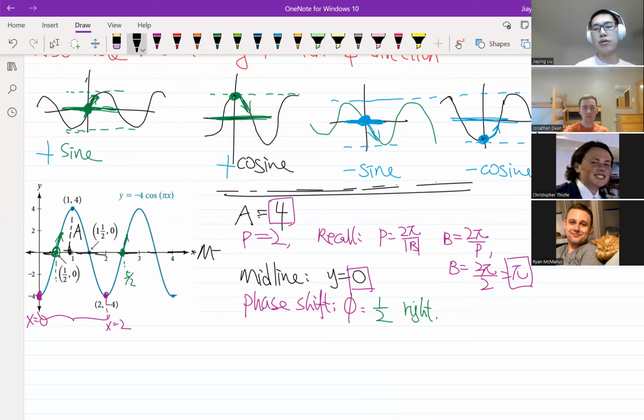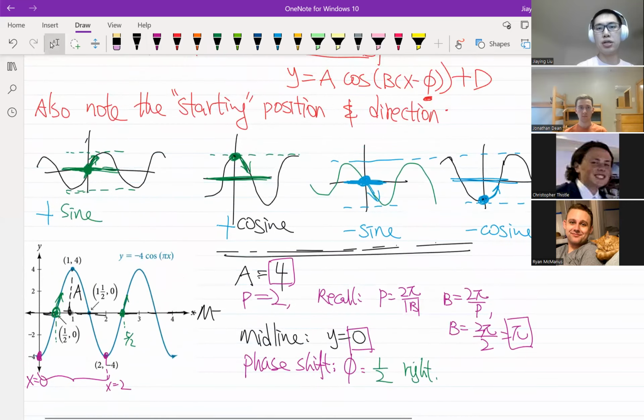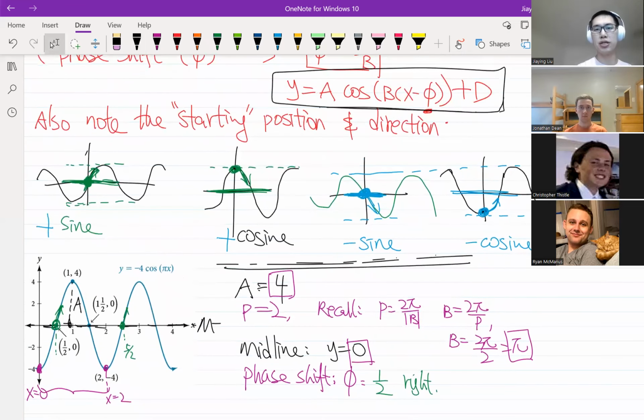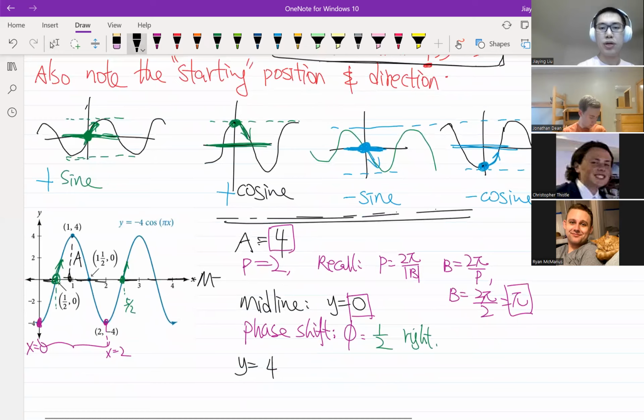So now I can write down the function with what I have. The formula I use, like I said earlier, is this one right here, with the factored form inside, and then I'm going to distribute the b. So I get y equals a, which is positive 4, sine.